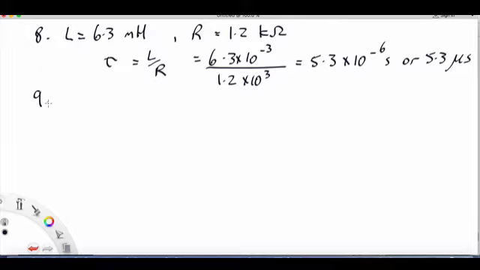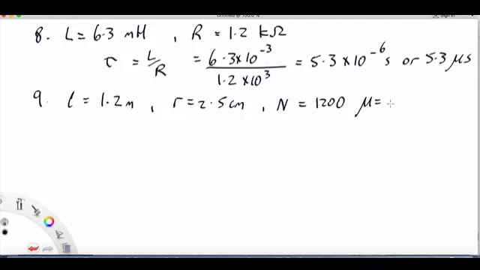And finally, number 9, we have a length for our solenoid of 1.2 meters. We have a radius of 2.5 centimeters. We have a number of turns, that is 1200. And we have a permeability of 9.4 for this ferrite, of 9.4 by 10 to the minus 4 henries per meter.